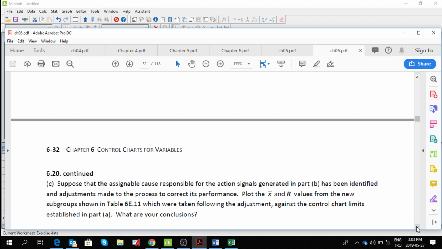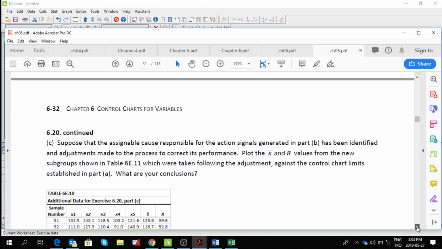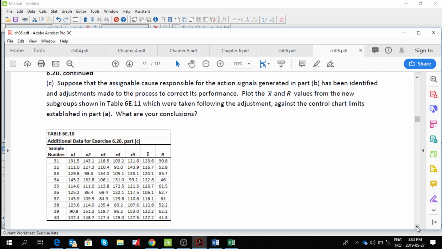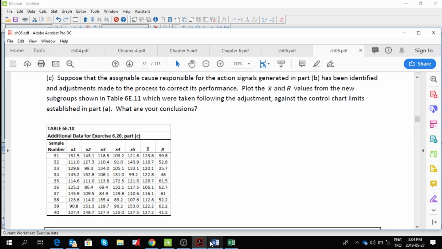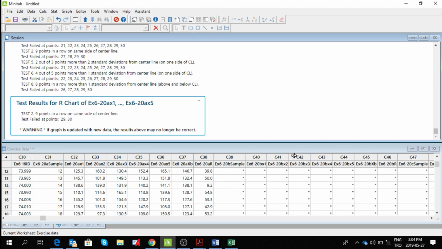Afterwards, a new data set is given, which is this part. See, there are 10 more. It says draw the control charts, and what are your conclusions in this case?